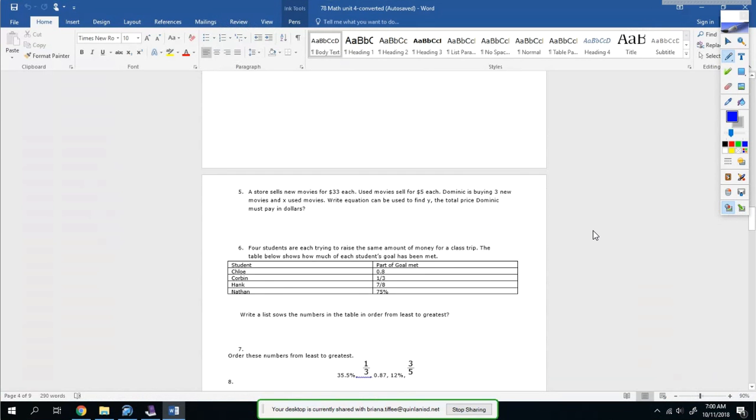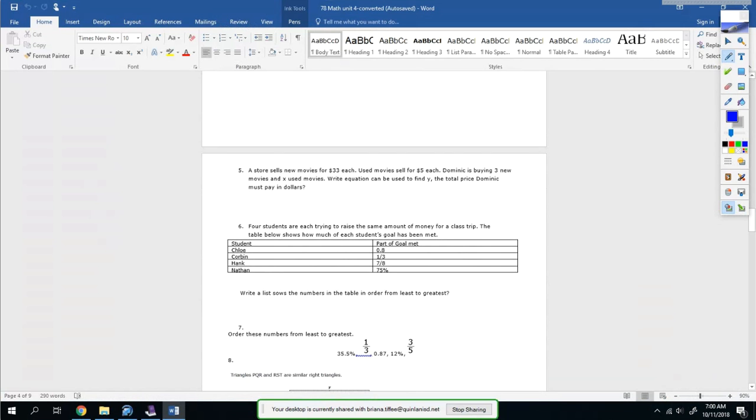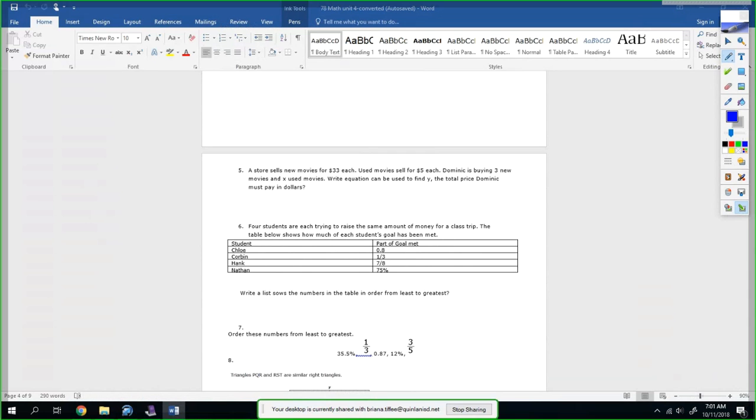All right, next one. Number 6 says 4 students are each trying to raise the same amount of money for a class trip. The table below shows how much of each student's goal has been met. So Chloe's 0.8, Corbin's 1/3, Hank is 7/8, and Nathan's 75%. So Chloe's already written as a decimal. I need to write Corbin's 1/3 as a decimal, which is 0.33. Also know 7/8 is 0.875.